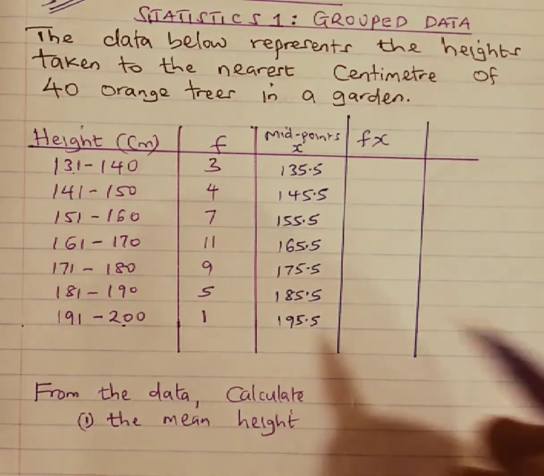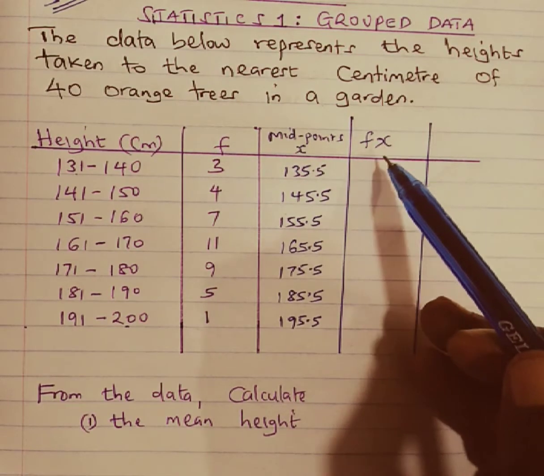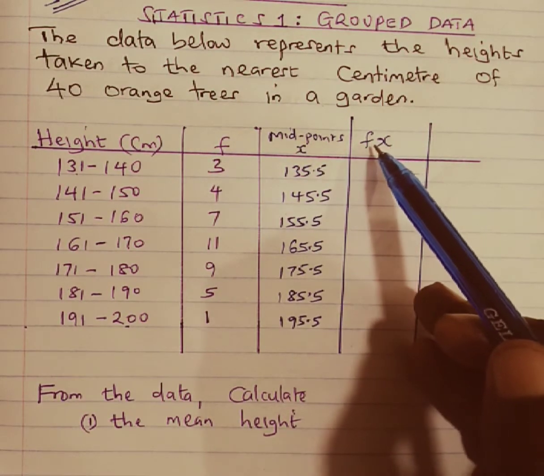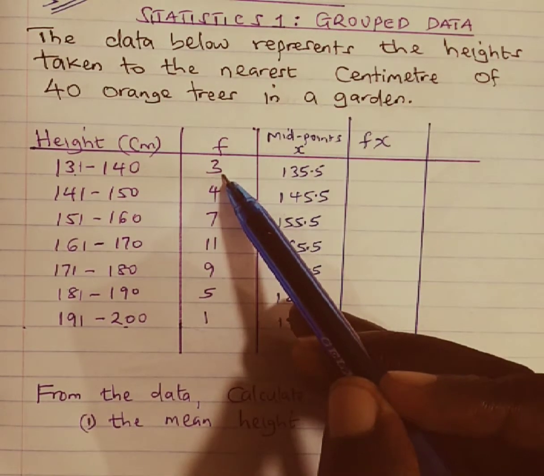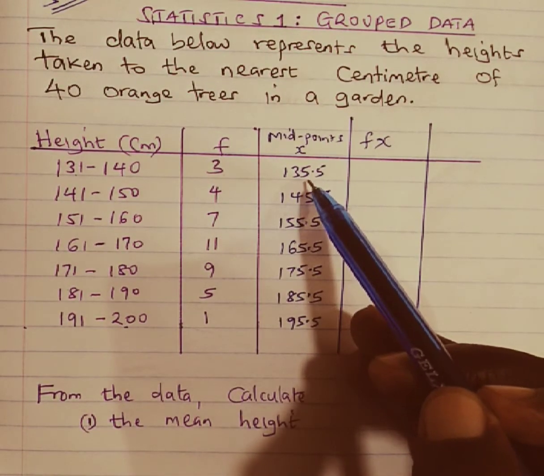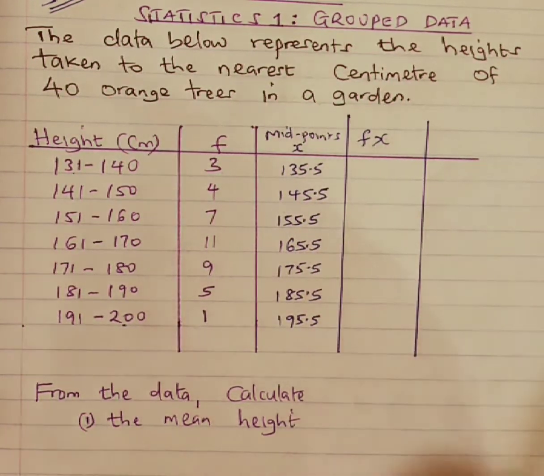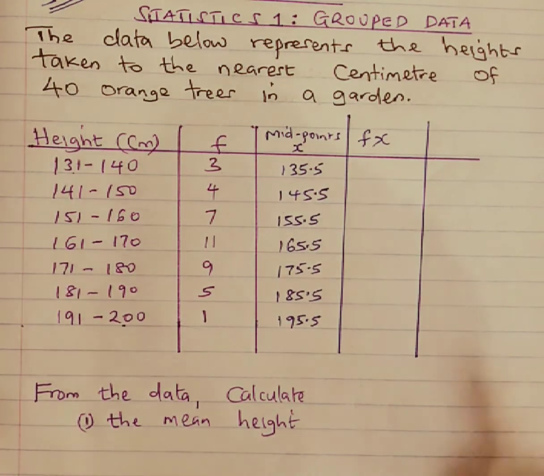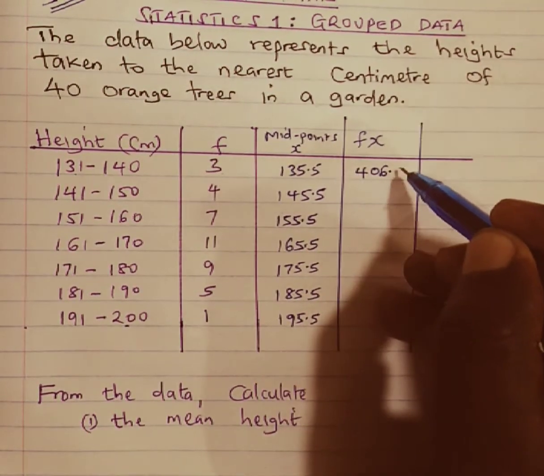Once we have the midpoints, we can get Fx, and Fx is where we multiply the frequency with the midpoints. We have the frequency, which is 3 times 135.5, and this gives us 406.5.